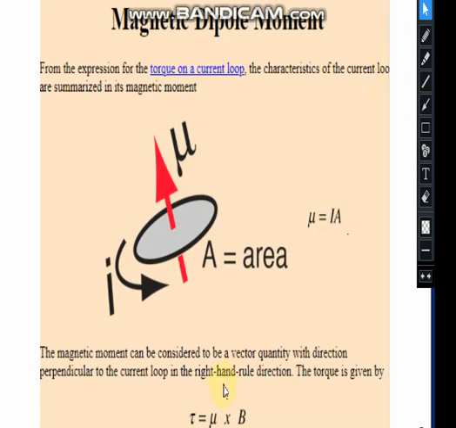The torque on this current loop can be written as tau is equal to mu cross B, in analogy with the torque on the electric dipole placed in an electric field, which was equal to P cross E. So here P will be replaced by mu and E is replaced by B. So this cross product gives us the torque acting on the current loop.